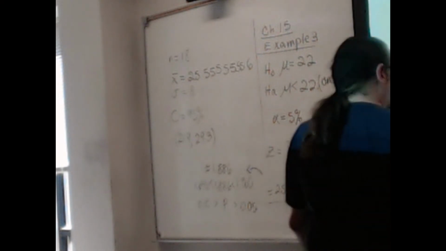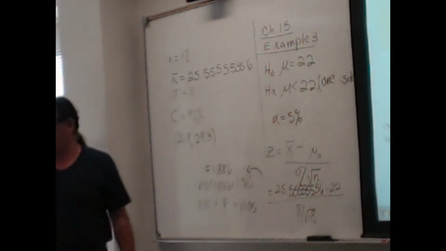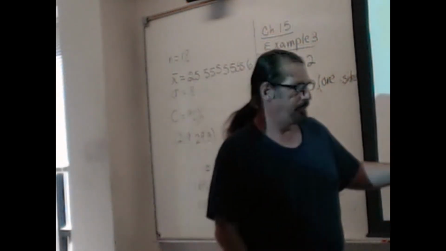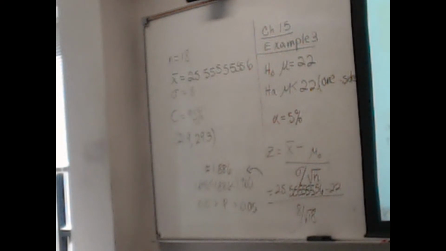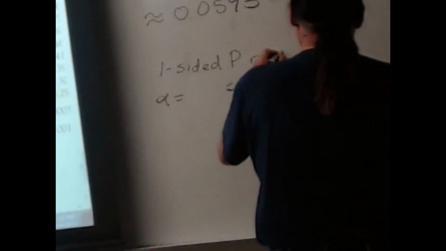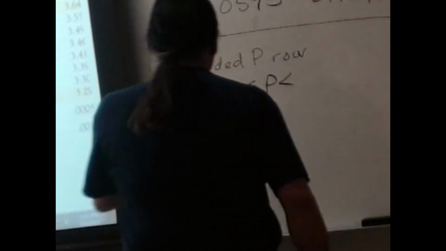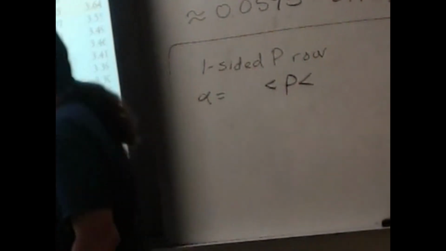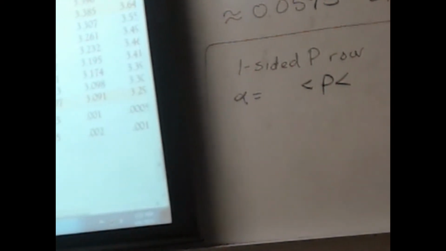Instead of looking in the two-sided P row, with that 5 and 10%, now you would be looking in a one-sided P row. So, in a one-sided P row that's above it, what two are closest?